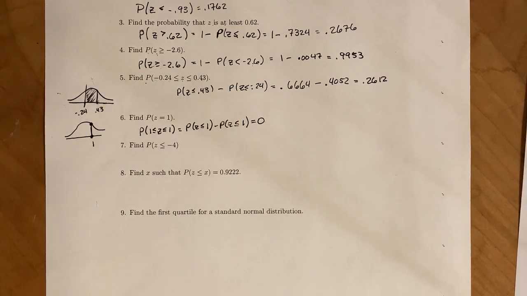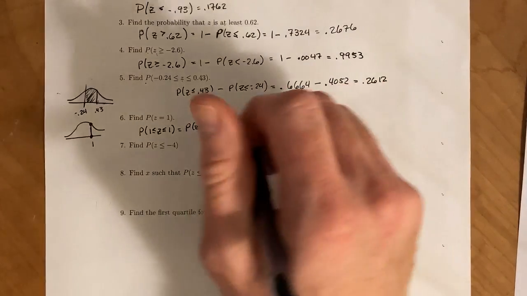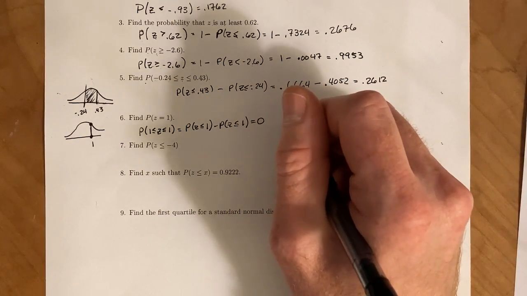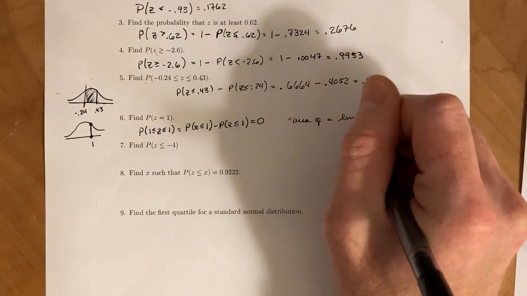Right. So it has a height, but its width is 0, which means that if you did the base times height or the length times width for a line segment, you end up getting 0 for that area. You could do the subtraction over here, or you can think of this as the area of a line segment.